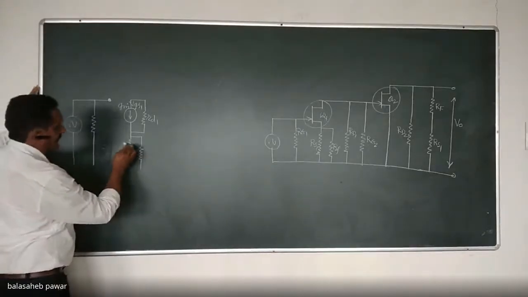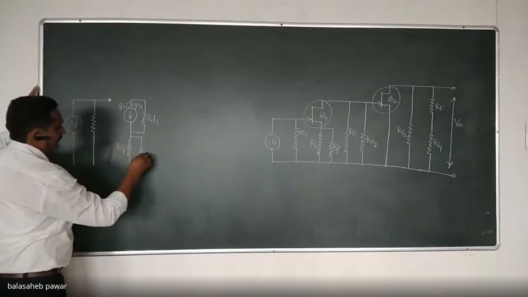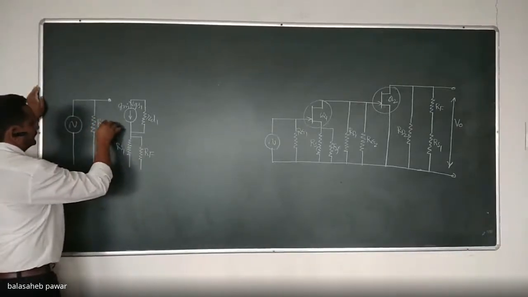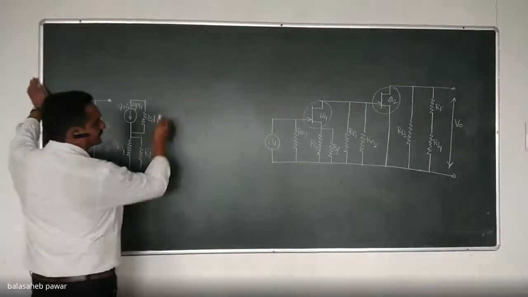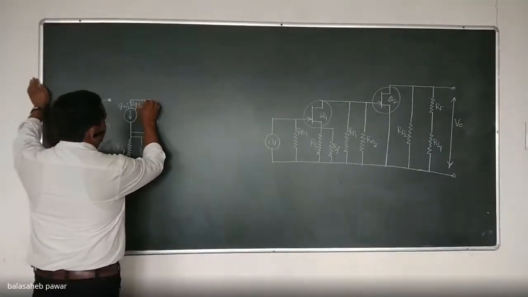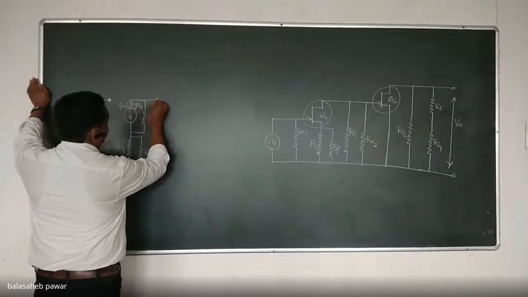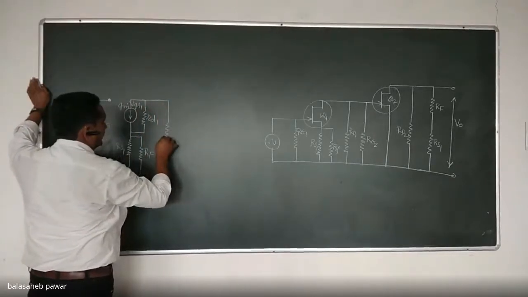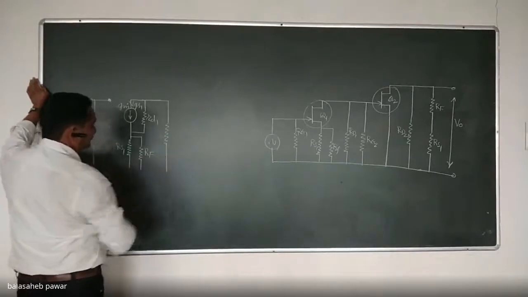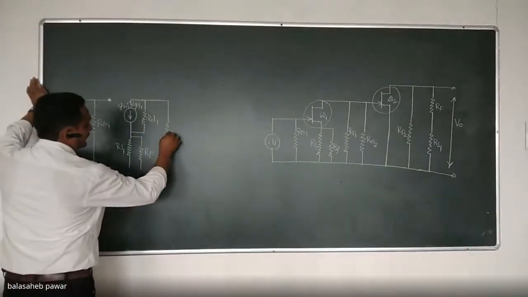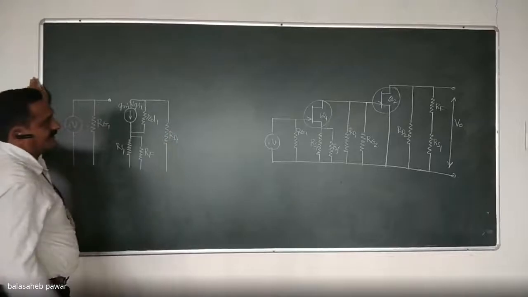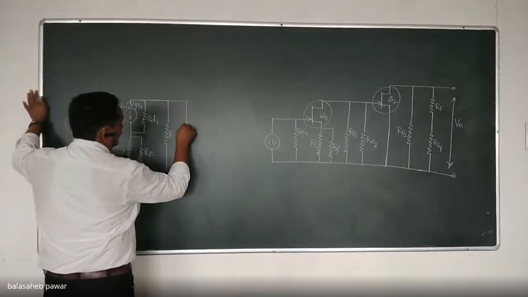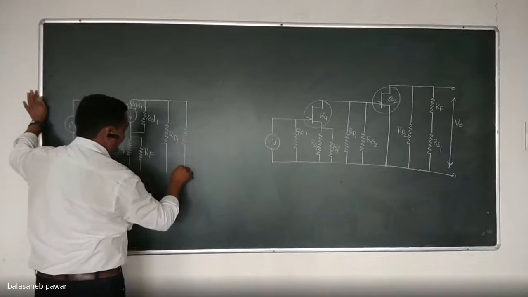So this is nothing but our RS1. This is RF. This is RG1. This is the drain terminal of the first transistor, where that RD1 is connected with respect to ground. This is RD1. Later on, there is RG2, the biasing resistor of the second stage or second transistor.